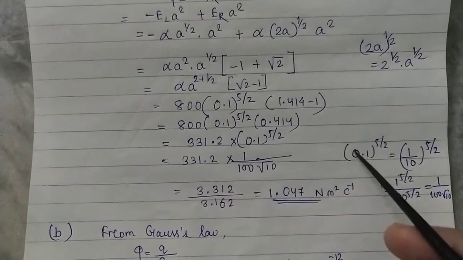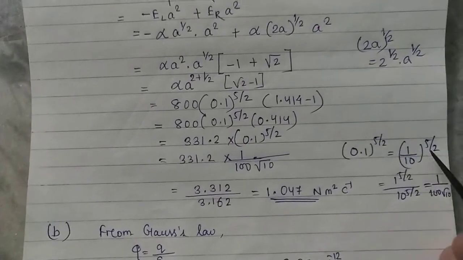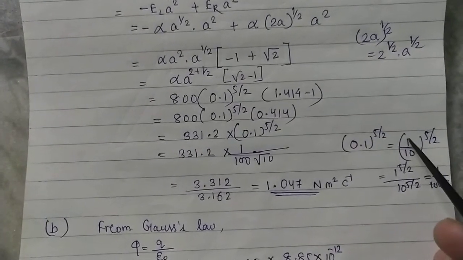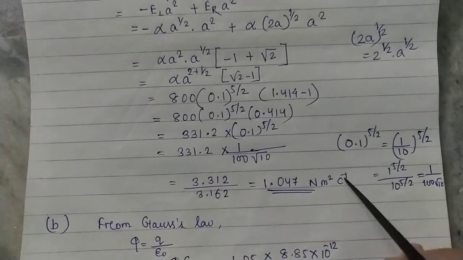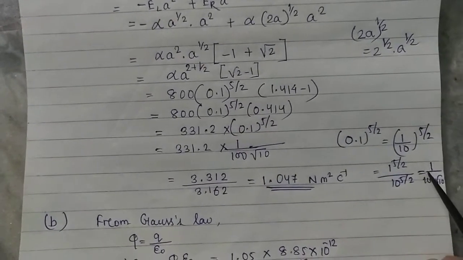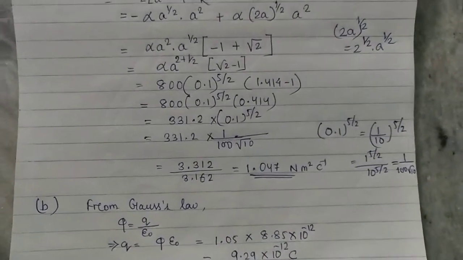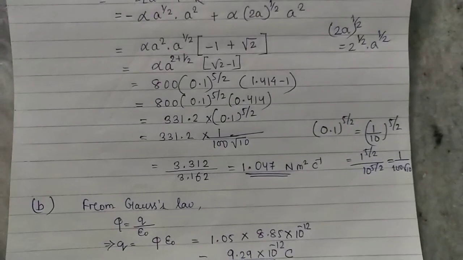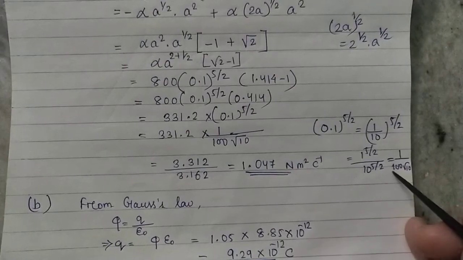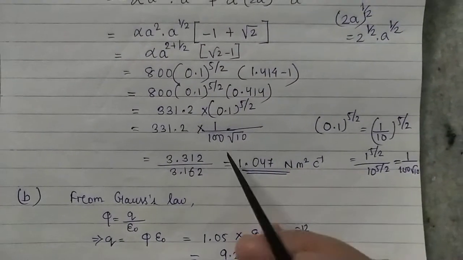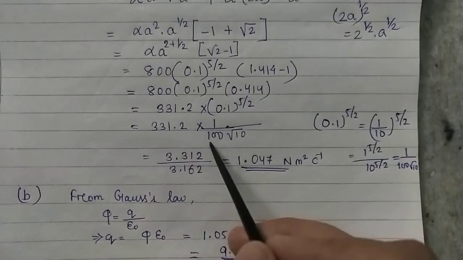You see, 0.1 can be written as 1 by 10, so 1 by 10 to the power 5 by 2. That is 1 to the power 5 by 2 over 10 to the power 5 by 2. 1 to the power any number is equal to 1. Next, 10 to the power 5 by 2, you will find the value is 100 root 10. I have put that here. So 331.2 times 1 by 100 root 10.